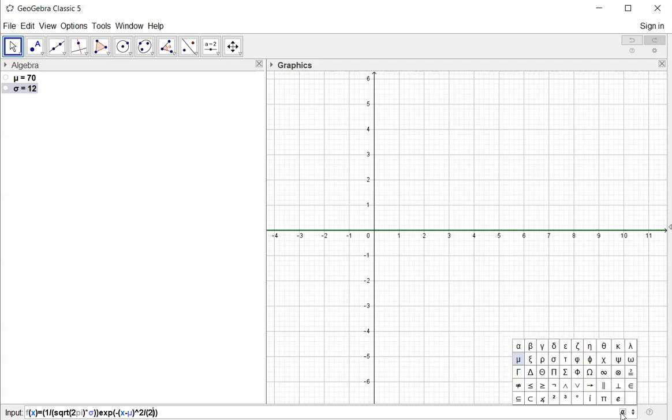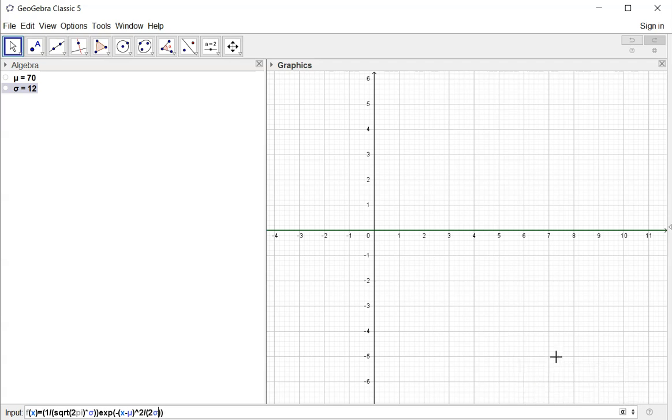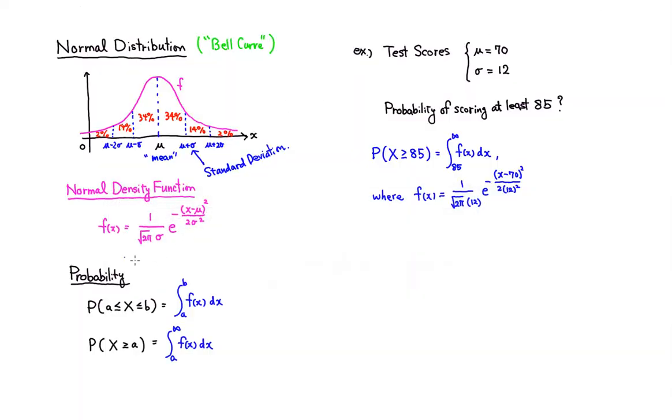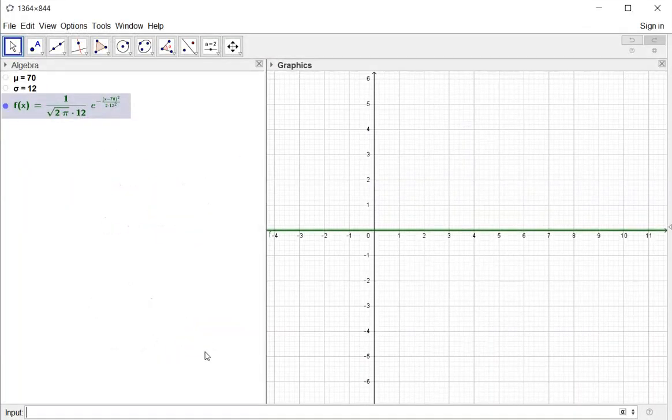So we put the sigma here, squared. All I did was type in this normal density function into GeoGebra, and it came out to be that. GeoGebra automatically puts 70 for mu and 12 for sigma.